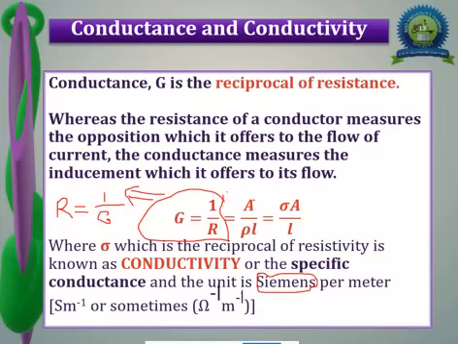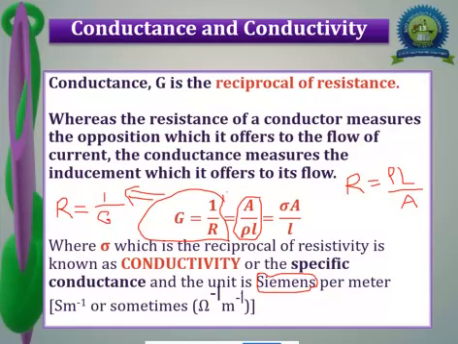Then, let's bring up the formula we had established earlier, that our resistance is equal to rho L over A. Are we together? So, if you bring that to this equation, you will have what is here.